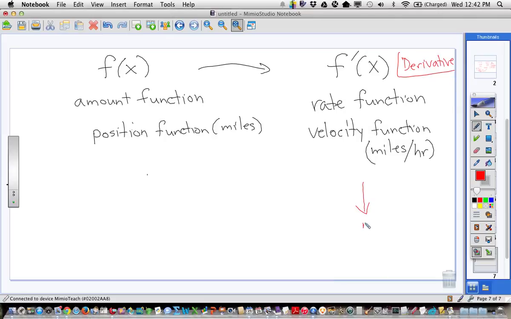Acceleration is miles per hour, or a lot of times we'd say miles per hour squared. It's the rate of change of velocity. The name we give that is f double prime. The derivative of f prime, we need another prime. And we could have a triple derivative and a quadruple derivative, but hardly ever. Actually, in physics, there is a name for the rate of change of acceleration.